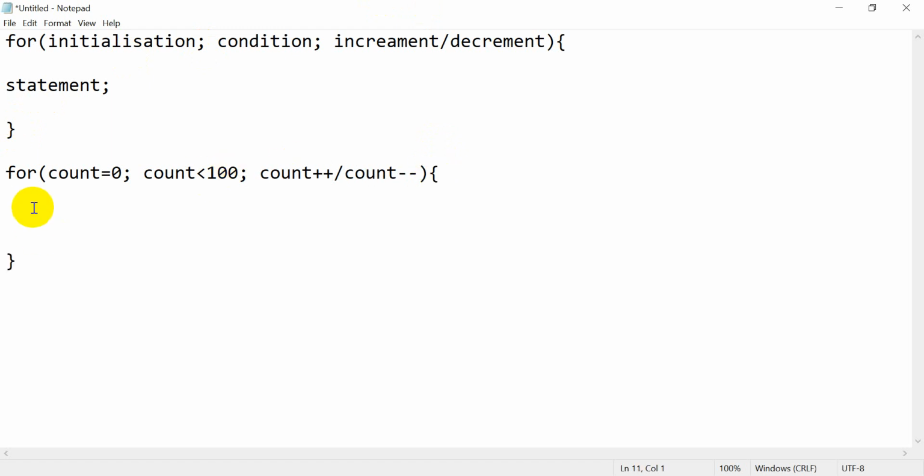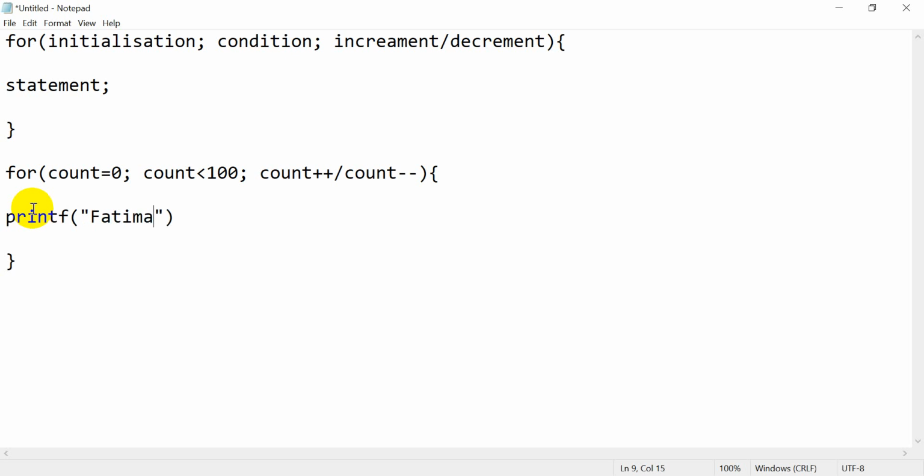Then you have the statement, then here maybe it will be printf, printf Fatima.